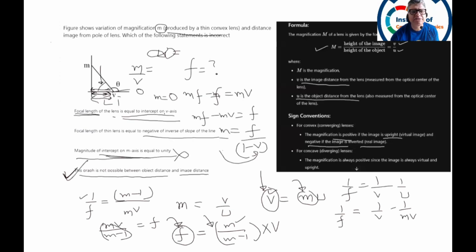You cannot change magnification of the lens by changing the image distance. That's straightforward. So I think this was unnecessarily made complicated by whosoever made this question. And to me, the logical answer is this graph is not possible because m is a fixed quantity, right?